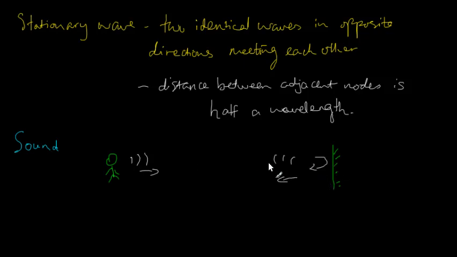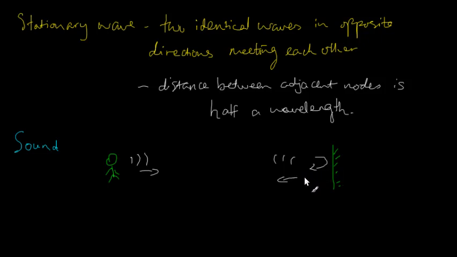Now if you produce a sound wave traveling towards a wall of some kind, the wave can get reflected, and when the reflected wave meets the incoming wave, those two waves can actually produce a stationary wave.